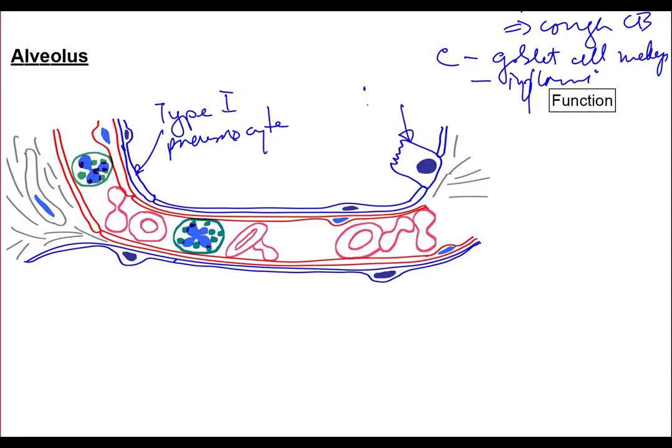One of the key other functional cells is our type 2 pneumocyte. We're going to talk about this endlessly because it produces the surfactant, which is going to coat the alveolus to decrease surface tension, but this is also the progenitor cell. So this is the cell that's going to replace lost type 1 pneumocytes and then becomes the target of carcinogens for adenocarcinoma.